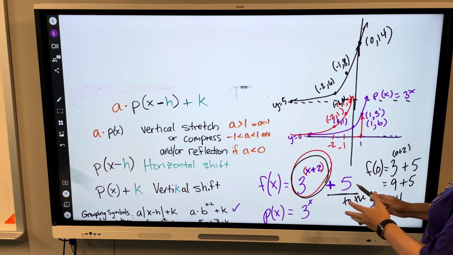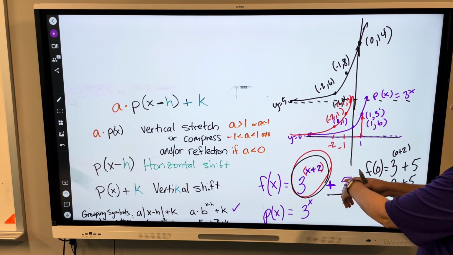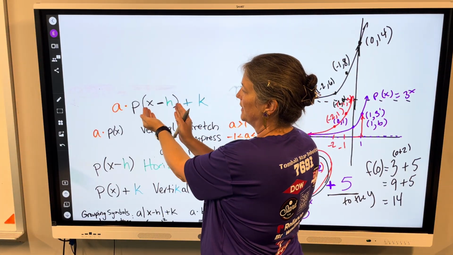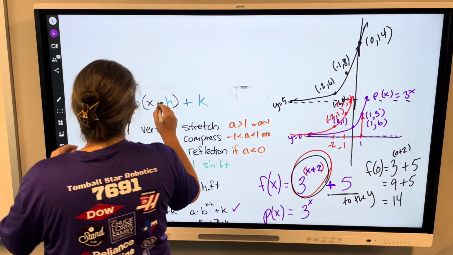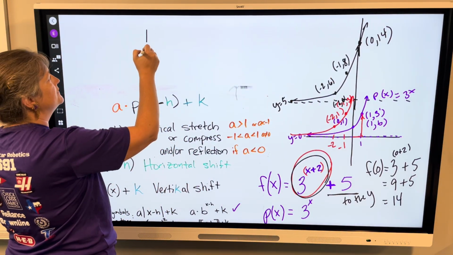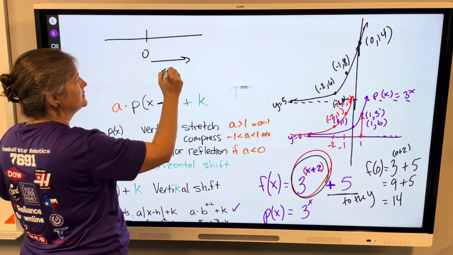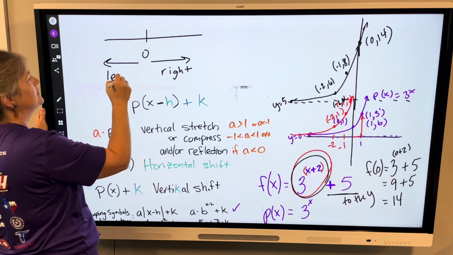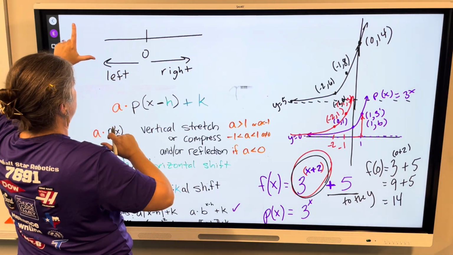But yeah, so that is graphing by identifying transformations in their positions, right? When it's inside the function modifying x, that's a horizontal shift. The interesting thing about the horizontal shift is we're talking about, this is to the right, right? This is to the left. That's important. L for left, right? This one's not an L, so L for left.